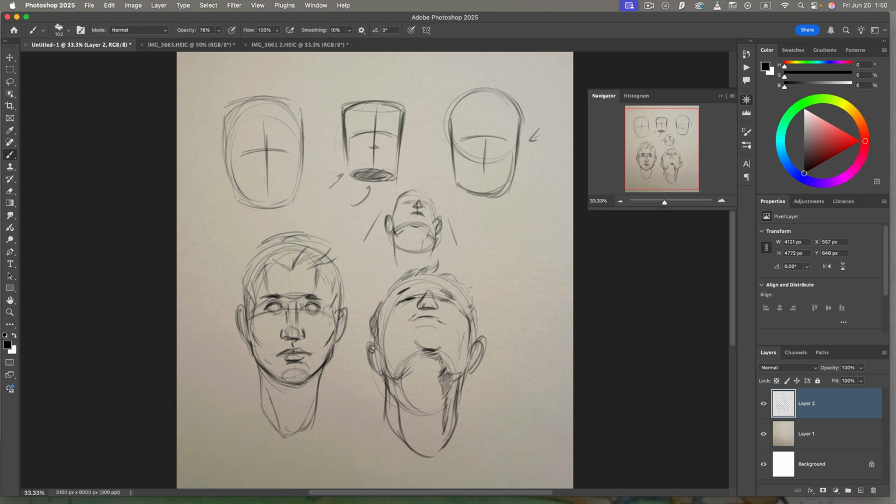Again, head is turned up, so the ears are going to appear to be lower on the head like that. So basically that's what we're going to have in this case. All right. So that's somebody looking up.